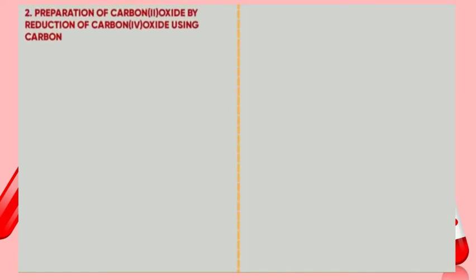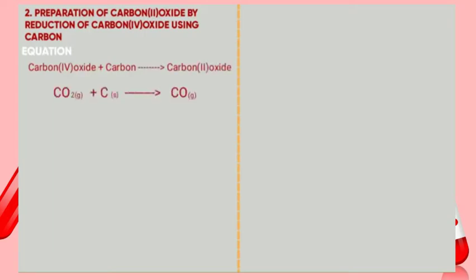Now the other method, number 2, is reduction of carbon IV oxide using carbon. The word equation is carbon IV oxide plus carbon gives carbon II oxide. The chemical equation is CO2 gas plus carbon solid gives you CO gas.